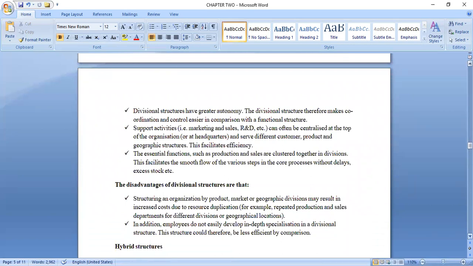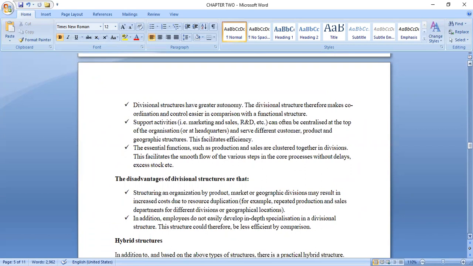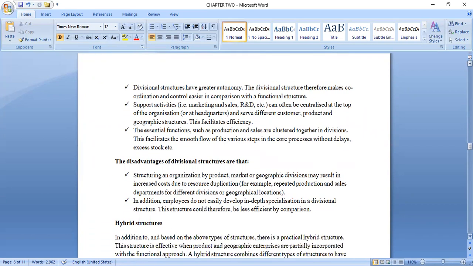So it also makes coordination and control easy. It gives these division structures greater autonomy. In other words, they are independent, and it helps in the control and coordination despite the complexity of the organization.